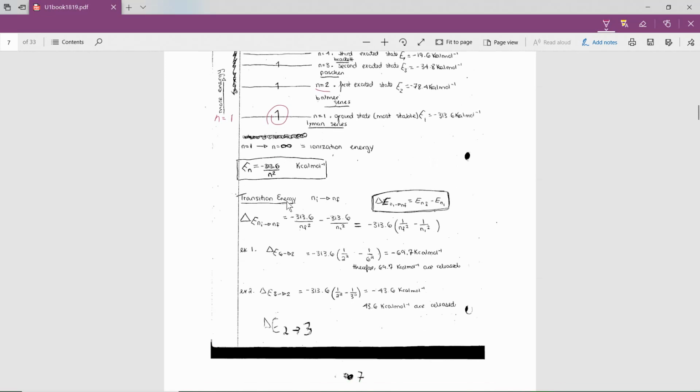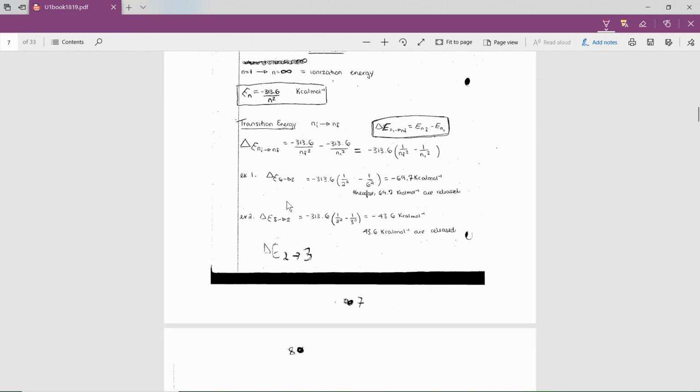The energy released when an electron falls from a higher to a lower level is called the transition energy, n initial to n final. So the transition energy, delta E, from n initial to n final, is E n final minus E n initial. So minus 313.6 over n final squared minus minus 313.6 over n initial squared.